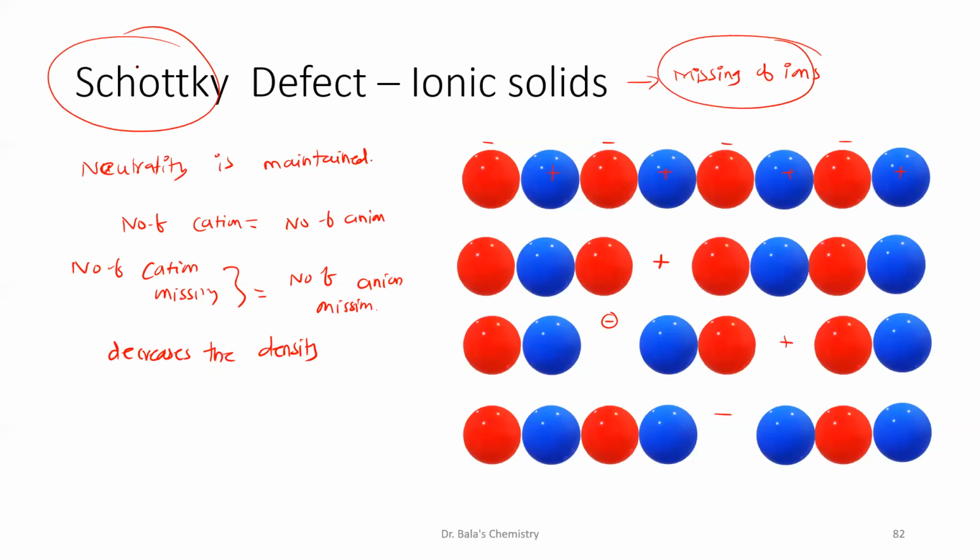That will be involved in Frenkel defect. But in Schottky defect, almost equal-sized cations and anions are involved because both atoms are removed from the system. That's what is called Schottky defect.